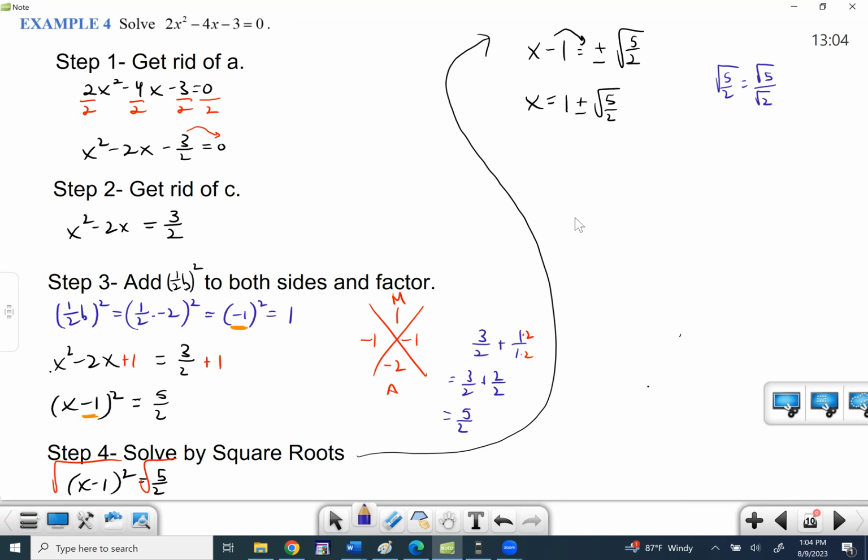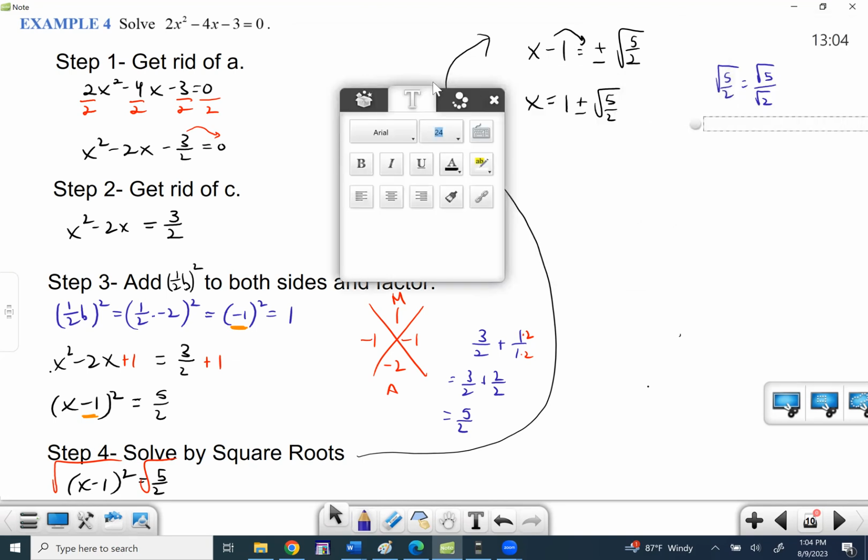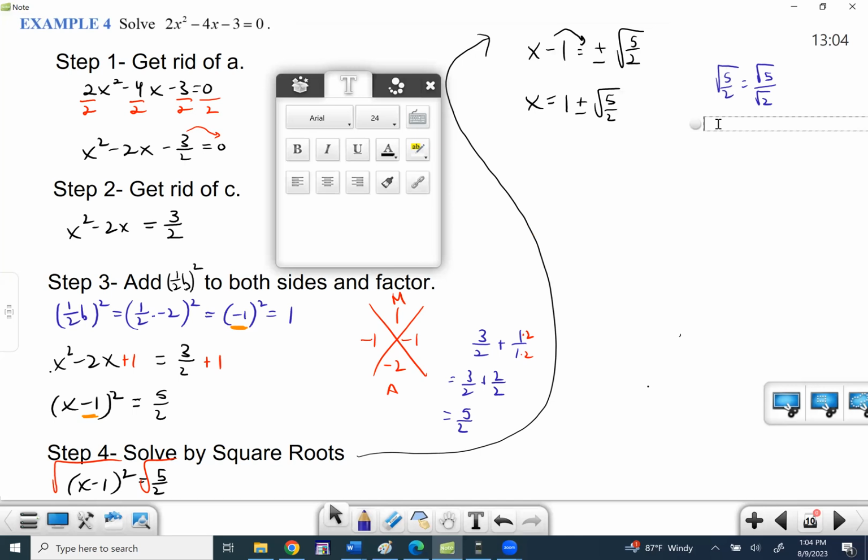That is not allowed. So what we're going to do is a process called rationalizing the denominator. It basically just means getting the radical out of the denominator. Okay. All right, so no radicals are allowed in the denominator.